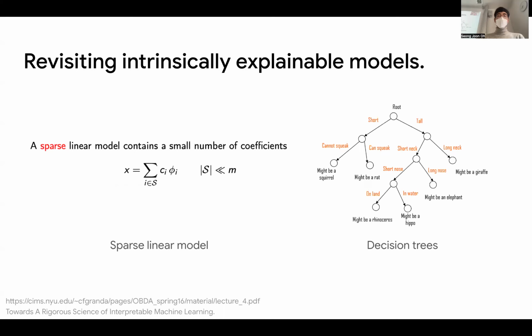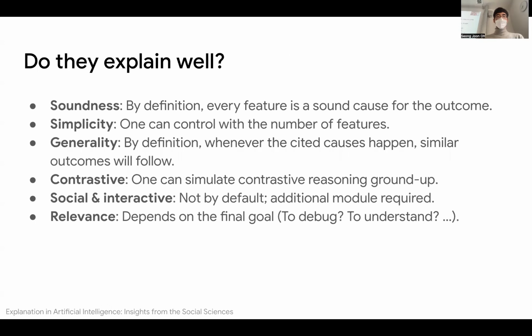So yeah, now revisiting intrinsically explainable models, which are sparse linear models and decision trees. Now let's take a look at whether they explain well. Let's go for soundness first. Do they actually explain the true causes?